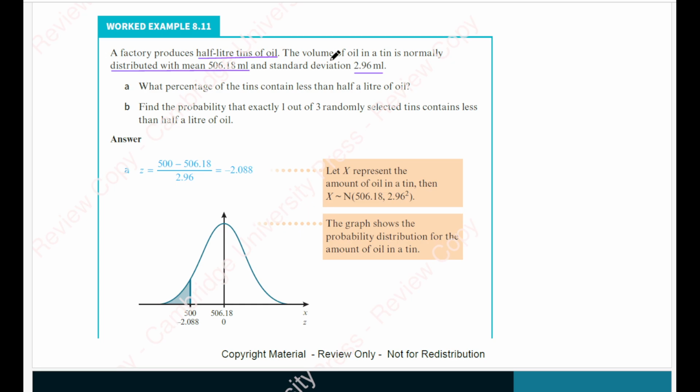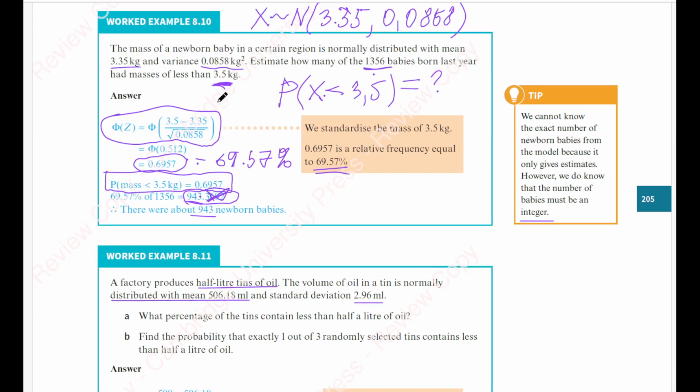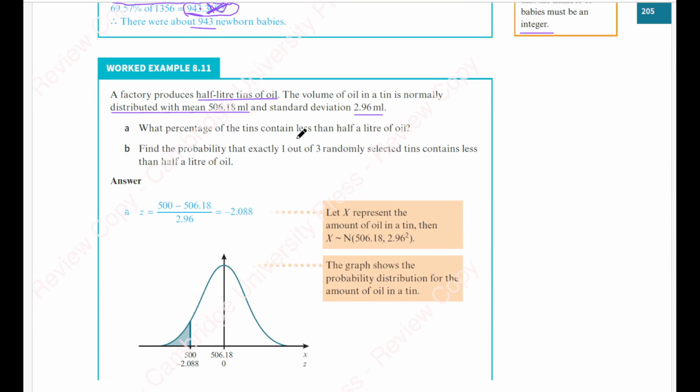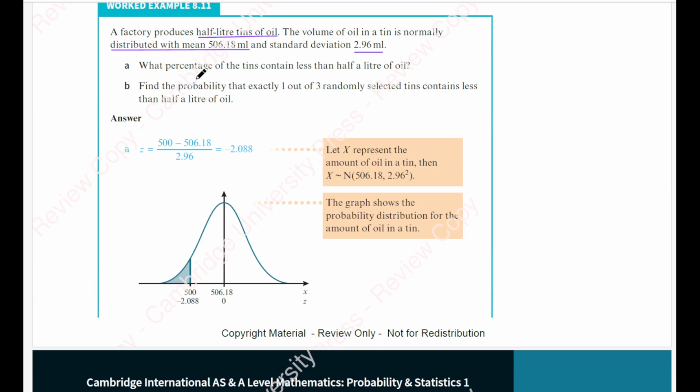Please understand that the standard deviation is the square root of the variance. In the previous example the variance was given, but now we have a standard deviation. What percentage of the tins contain less than half a liter of oil?